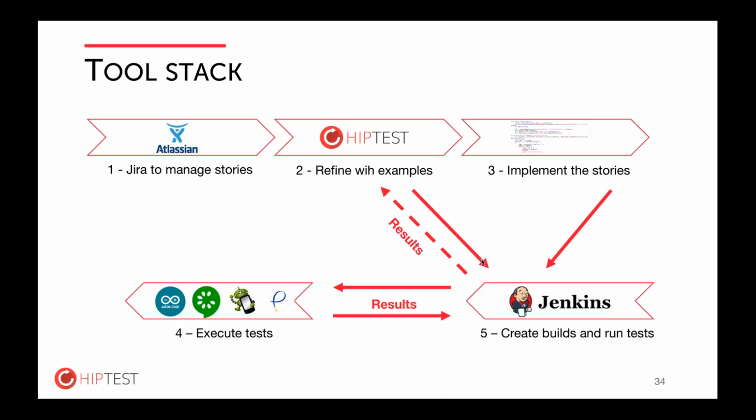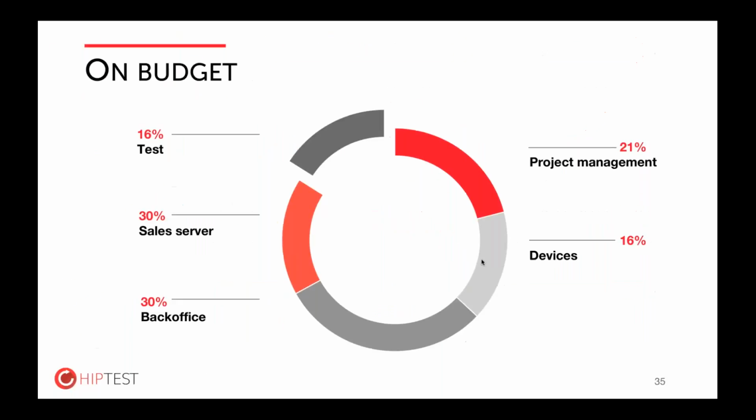So next time we want a picture and a video. I can add it, yes. And in parallel, we are using Cucumber and some homemade tools to execute the tests, and everything is plugged to Jenkins.